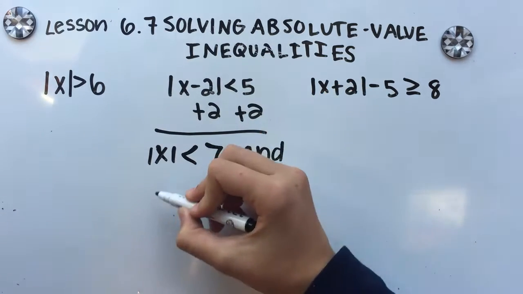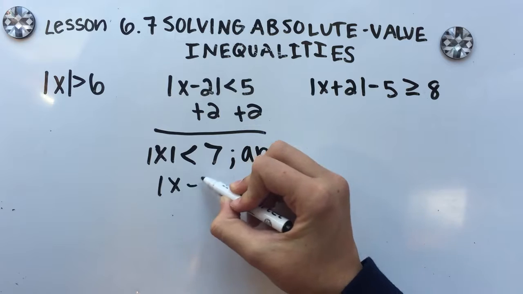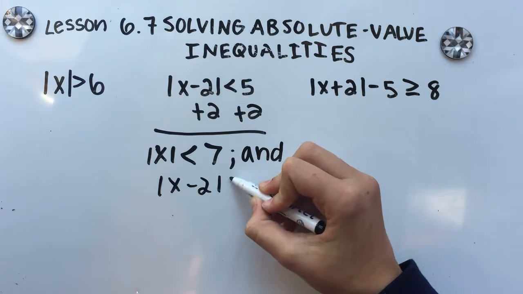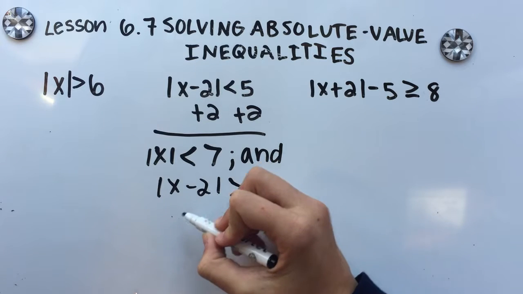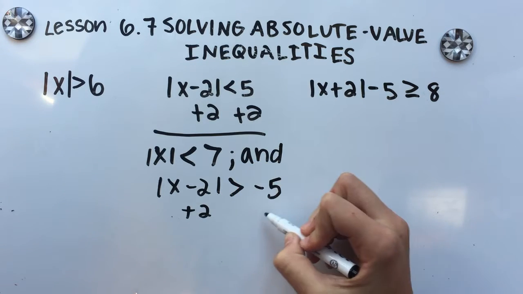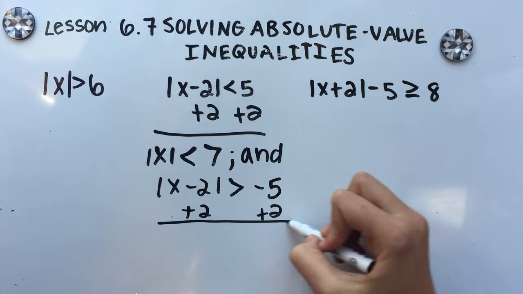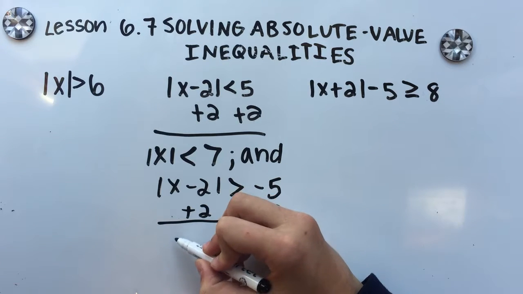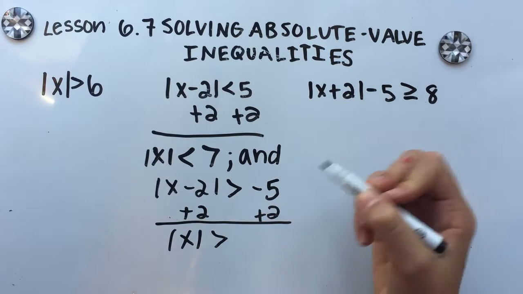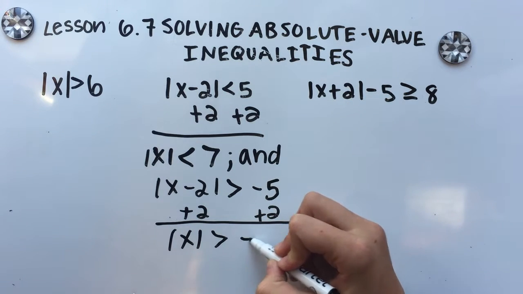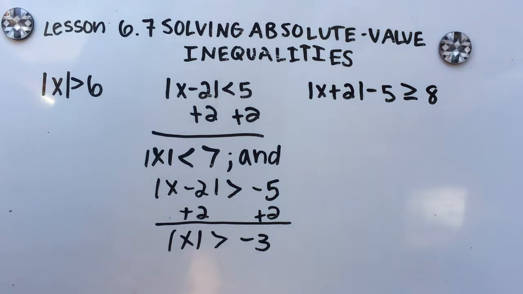But remember this time we take x minus 2, flip the sign, and add a negative. And then all we have to do is simplify. So we have x is greater than negative 3.